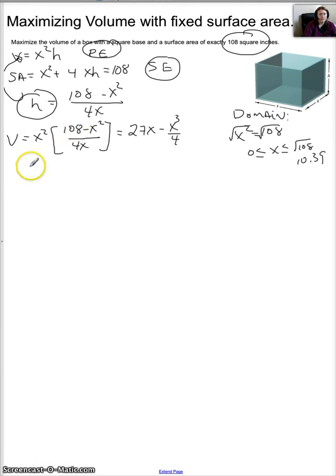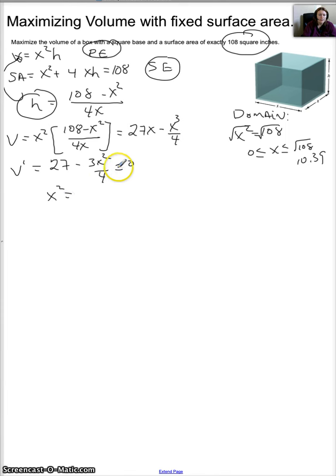Now let's take a derivative. We want to maximize the volume, so let's find where the first derivative is 0. The first derivative of this is 27 minus 3x squared over 4. Now we want to set this equal to 0. We are going to solve this for x squared.